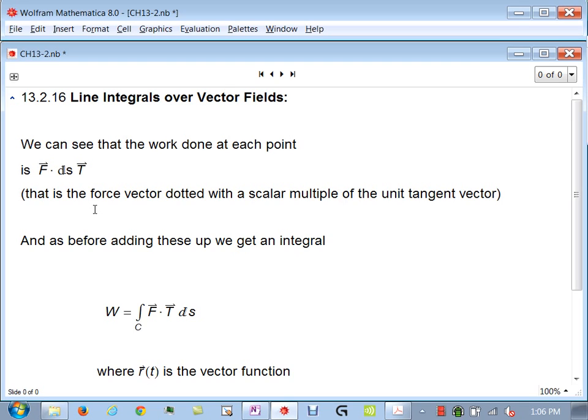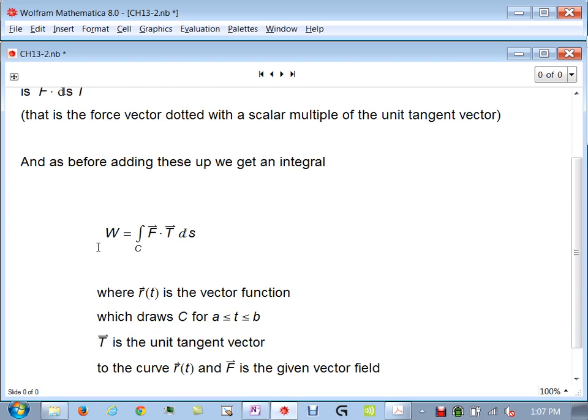I added that little ds in there. That ds is a number, and that number scales that tangent vector. So we get that the work is the line integral of the vector field F dotted with the tangent vector times ds. And ds is arc length, right?